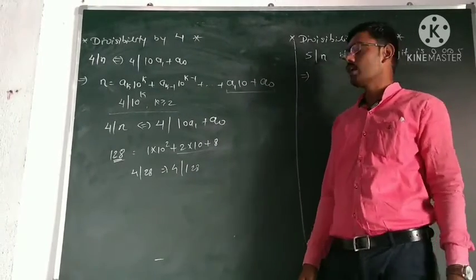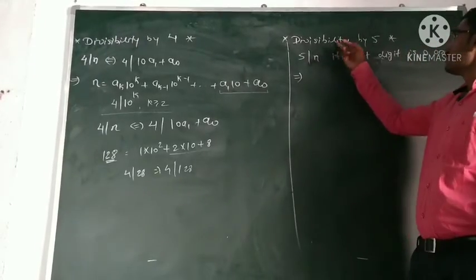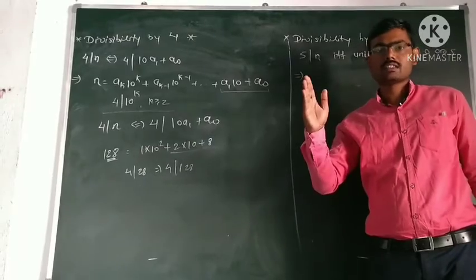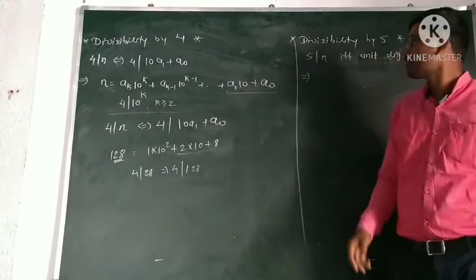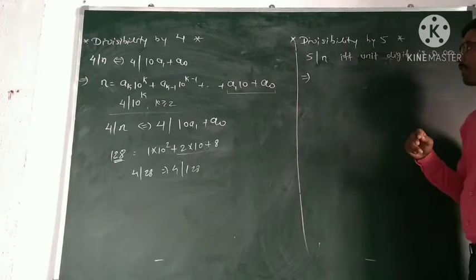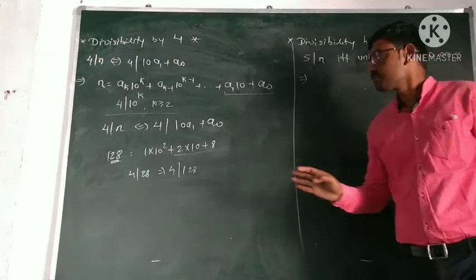Now divisibility by 5. We all know it. A number is divisible by 5 if its unit digit is either 0 or 5. So 5 divides n if and only if the unit digit is 0 or 5. Again, the proof is very simple.